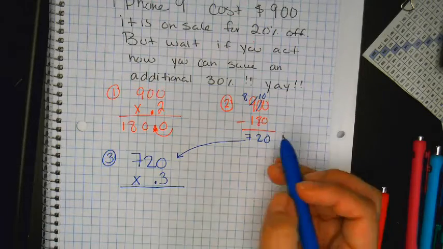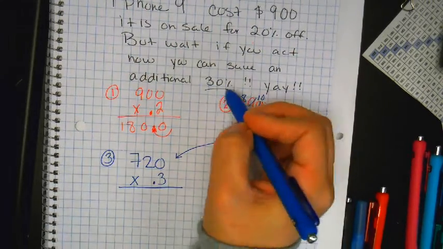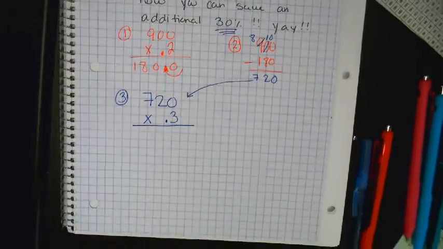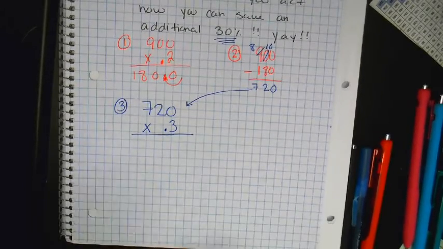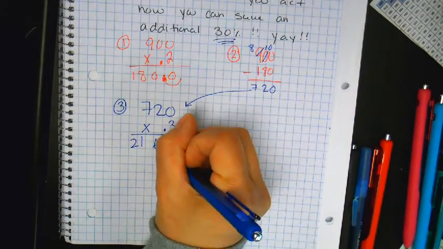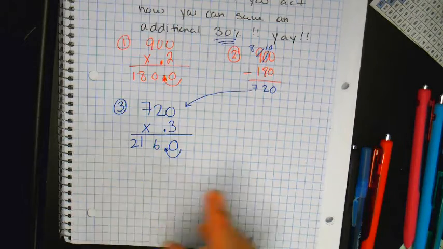Does everybody see what we did there? We took our new price, and we're going to multiply it by our second discount, which is 30%. It's double the discount. 0, 6, 21, move it over 1. So I'm going to save $216 here, right? Okay, what's my fourth step?